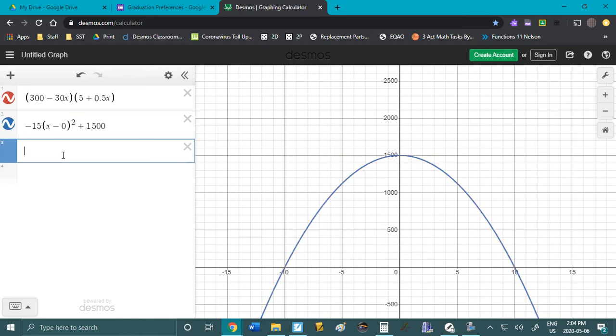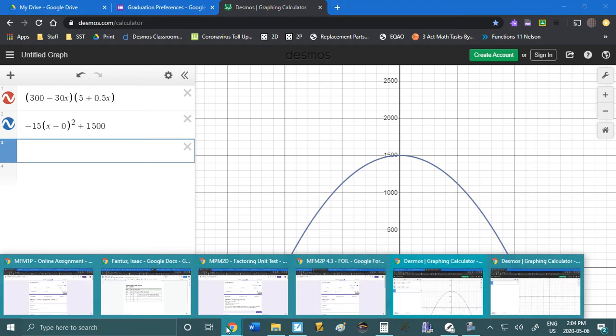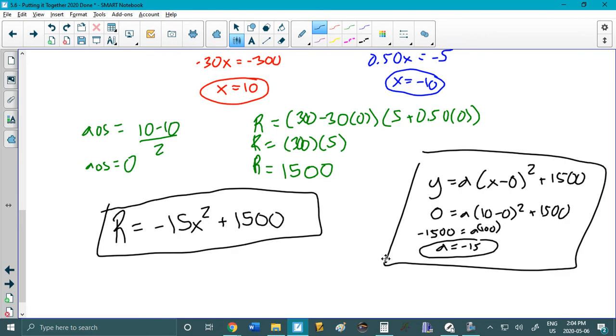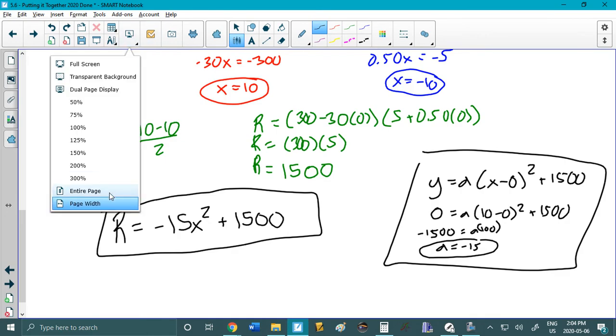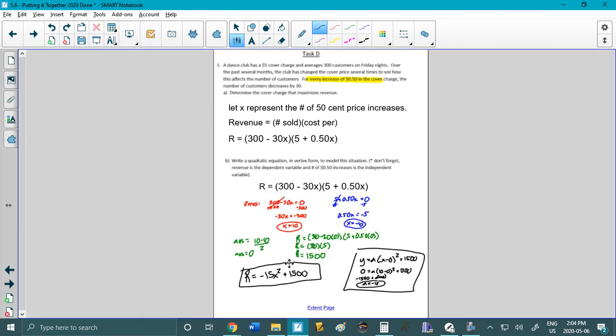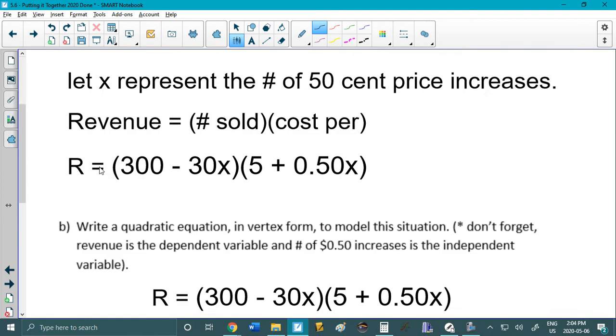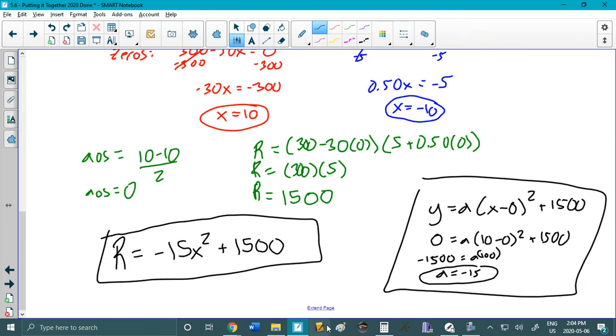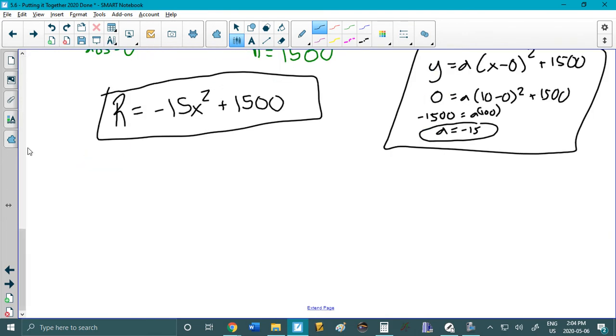Oh, it's still the same. Well, that's weird. So what you should get out of this is that when we haven't moved the parabola left or right, so when the x value of the vertex hasn't changed, vertex form is actually the same as standard form.